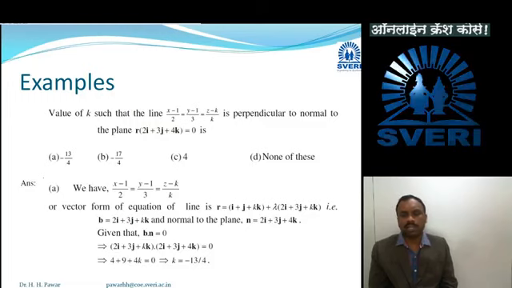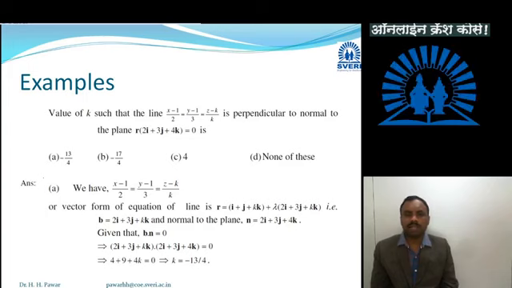So the vector equation is i plus j plus k into k cap plus lambda into 2i plus 3j plus k into k cap. That is, b bar is equal to 2i plus 3j plus k into k cap, and the normal to the plane is n bar equal to 2i plus 3j plus 4k.